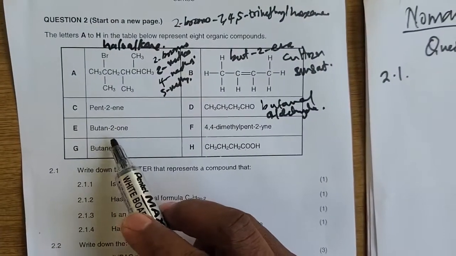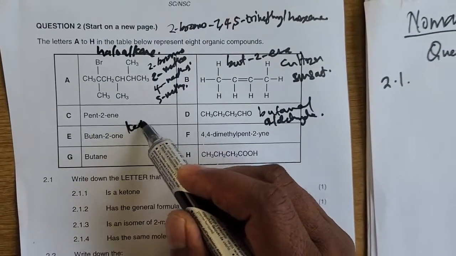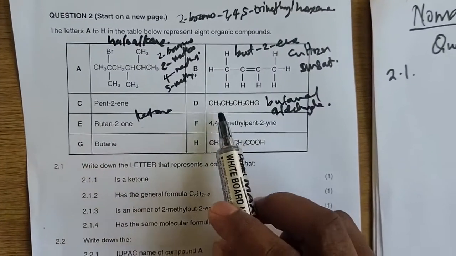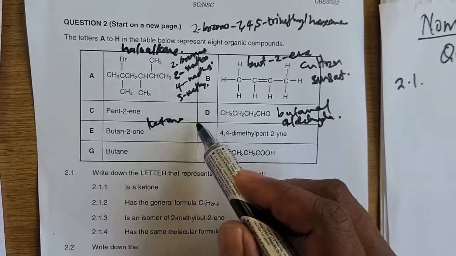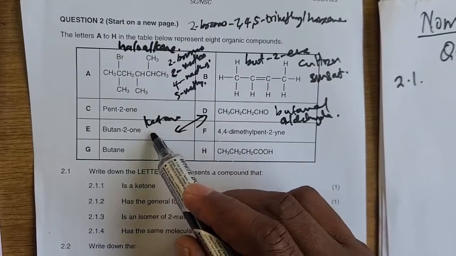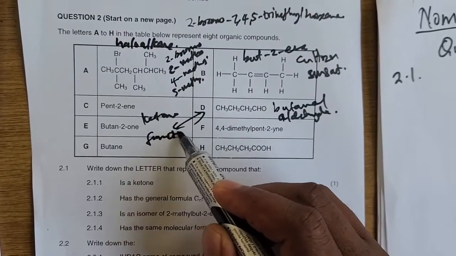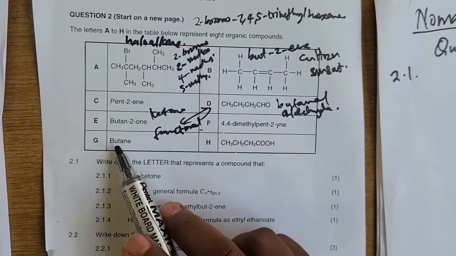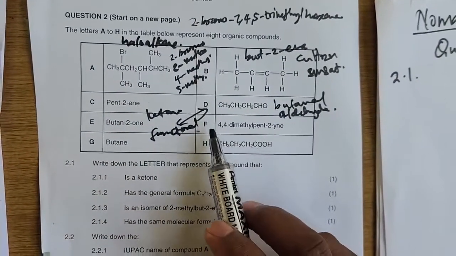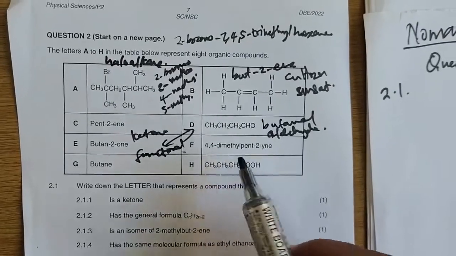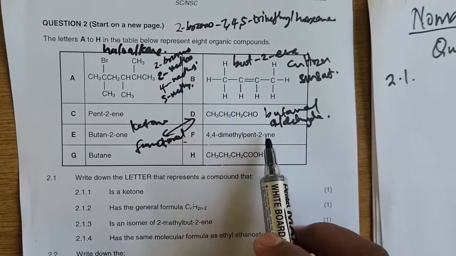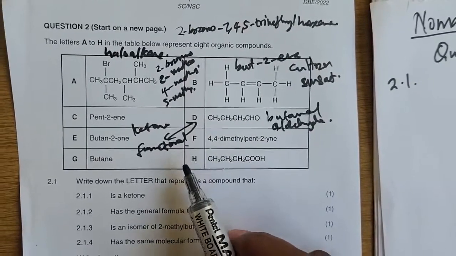This one is a ketone. Fine. Number E is a ketone, butanal and butanone, therefore the 2 are functional isomers. Now, number F obviously will be asked to draw, because you can see it's your alkyne.